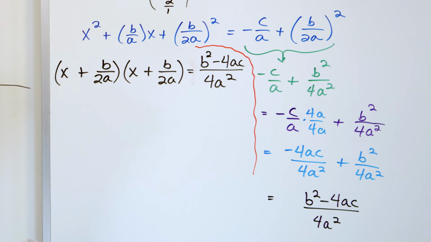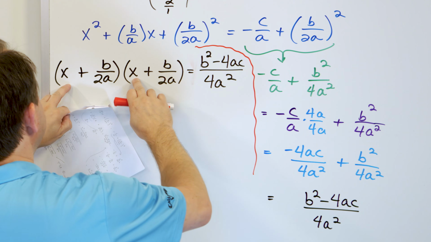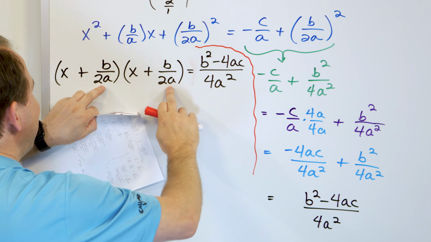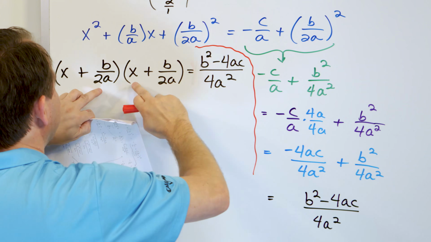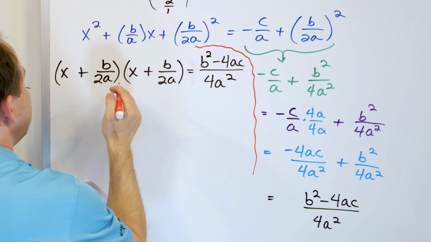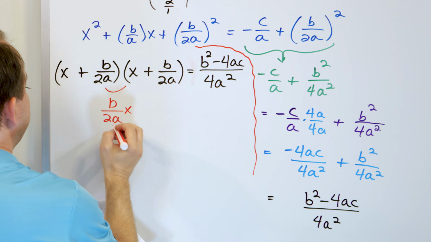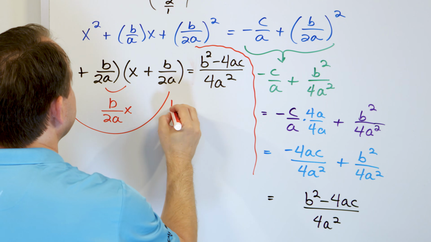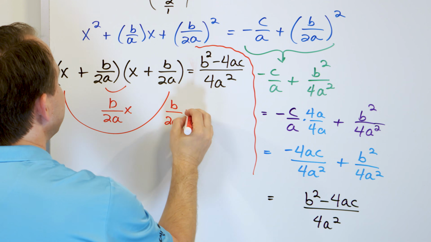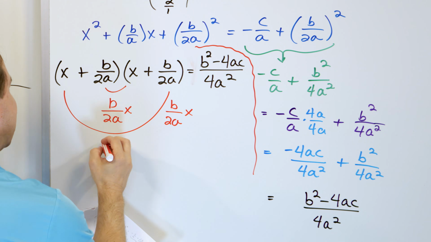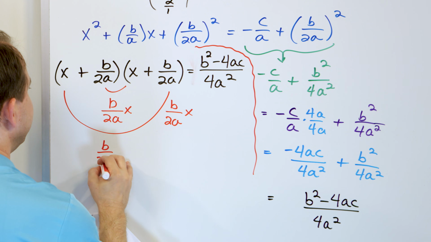So we think we factored it correctly, but you should always check yourself. X times x gives us x squared. The last terms multiplied together to give us the last terms. The inside terms is going to be b over 2a times x, and the outside terms are also going to be b over 2a times x, and we have to add them together. So we're going to have a b over 2a.